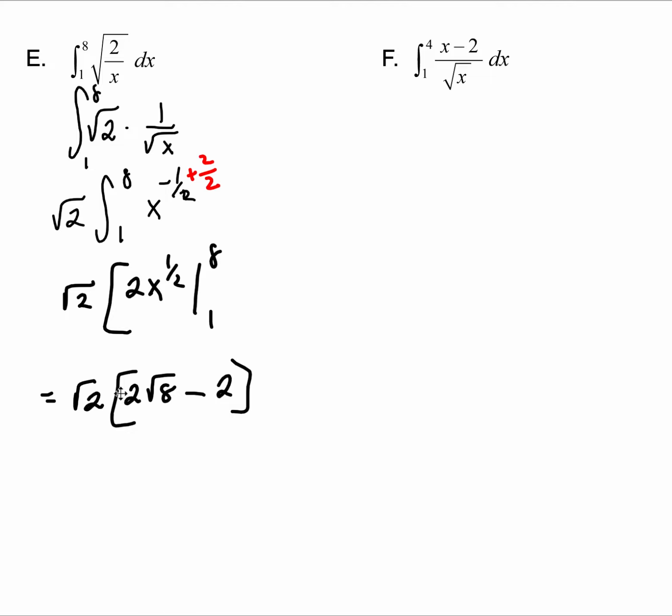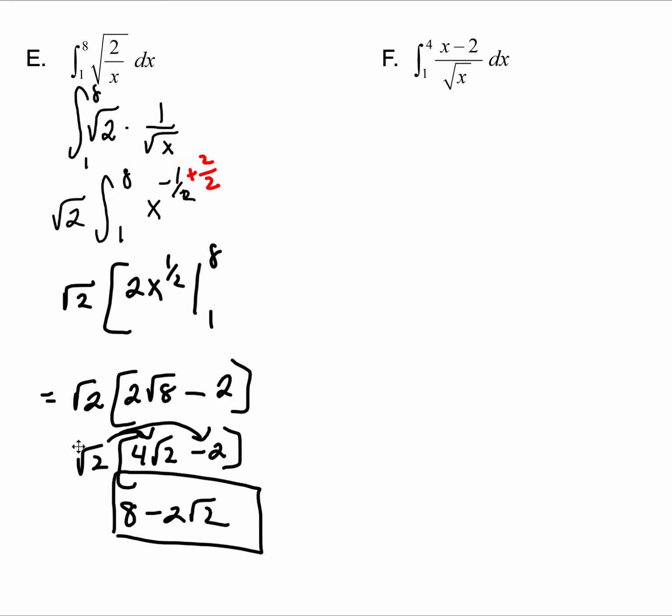Okay, and you can simplify this out. The square root of 8 is the square root of 2 times 2, or 2 radical 2, which makes it 4 radical 2. And if I multiply this out, distribute the radical 2, I will end up getting 8 minus 2 radical 2.